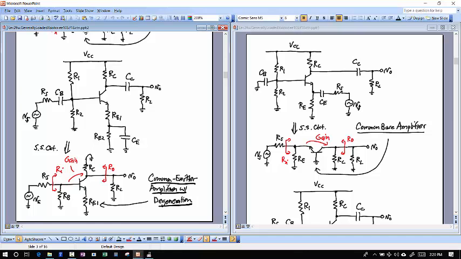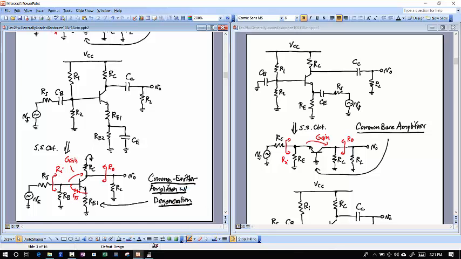Even this one right here, when I take a look at this common emitter amplifier with degeneration, one way you could try to attack this problem is to say, okay, I have a resistor R pi there. That's going to be in my hybrid pi model, right? So hopefully you can all visualize that.